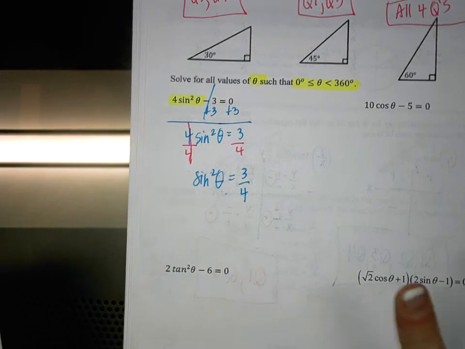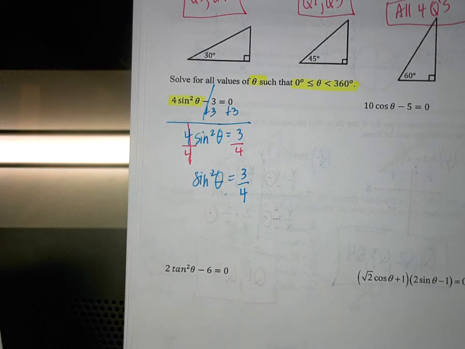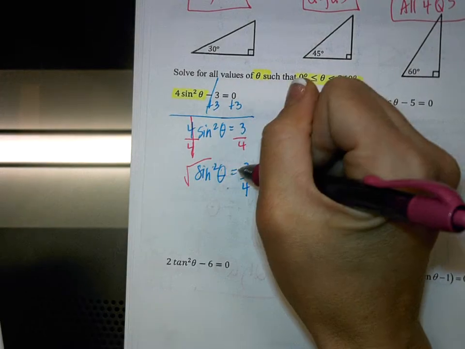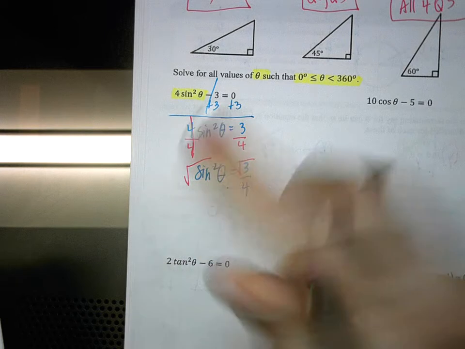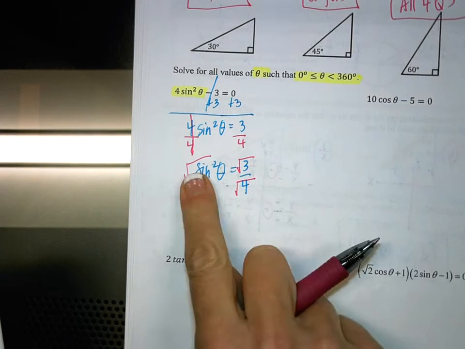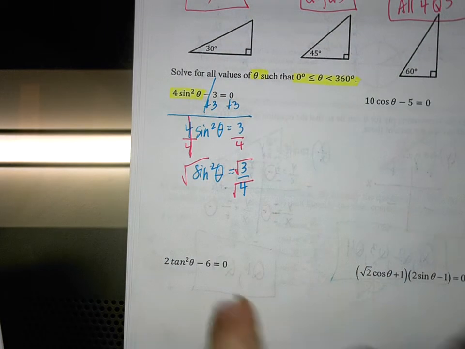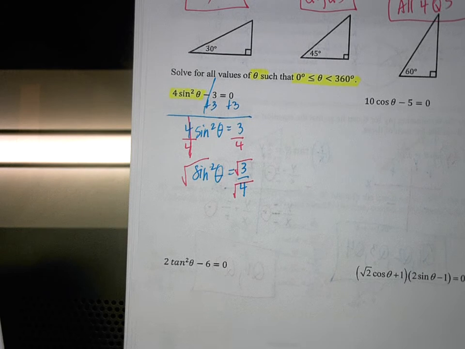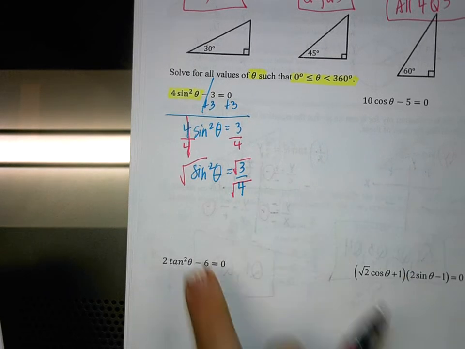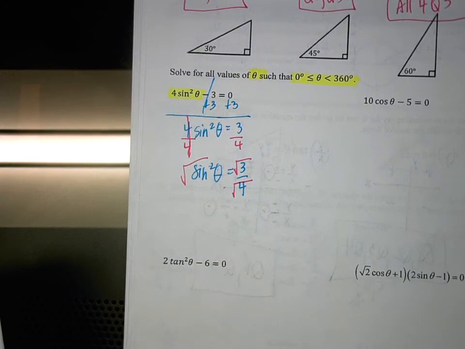Now, I don't want sine squared of theta, I just want sine. What will I do? Take the square root of both sides. Now, we remember that when you square this, it could be a negative and it becomes a positive, or it could be a positive and stay a positive, right? So when you're taking the square root, you're actually getting a positive and a negative answer.